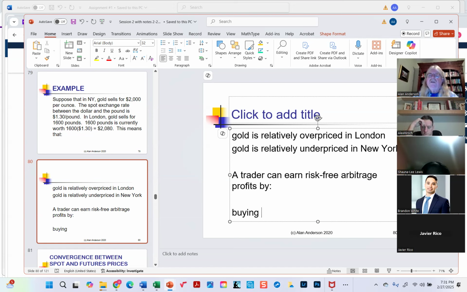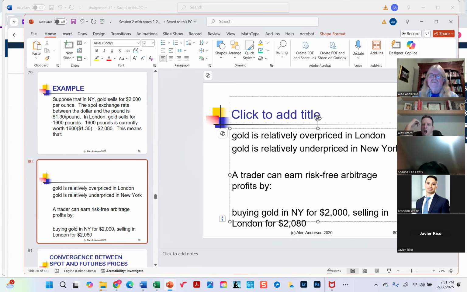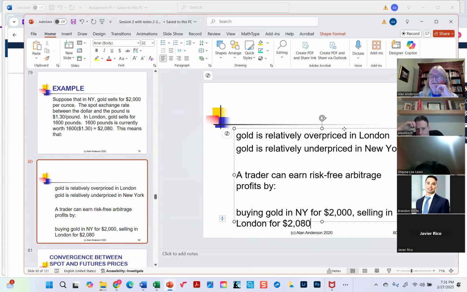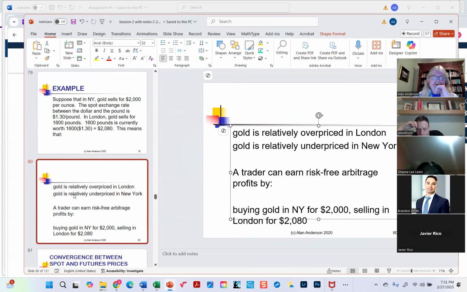Buying gold in New York, selling in London." Actually, I should have put in here buying for 2000 and selling in London for 2080. Wow. Well, that's nice. You have the opportunity to buy it cheaply in New York and resell it in London for 2080.